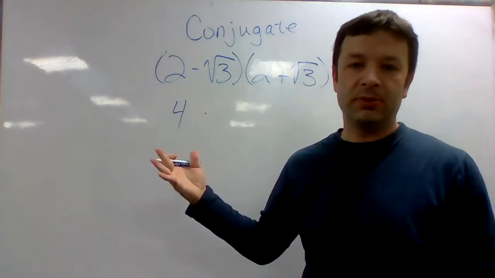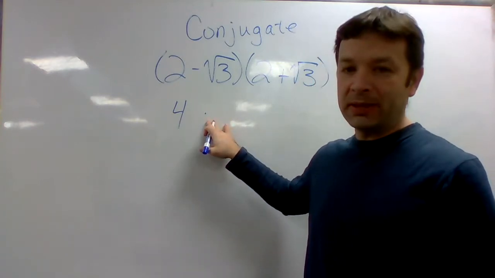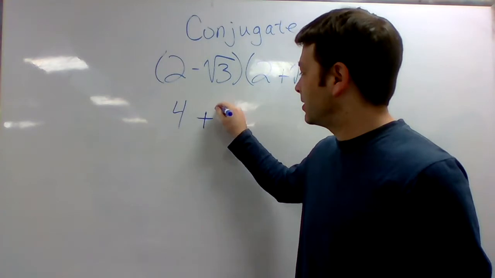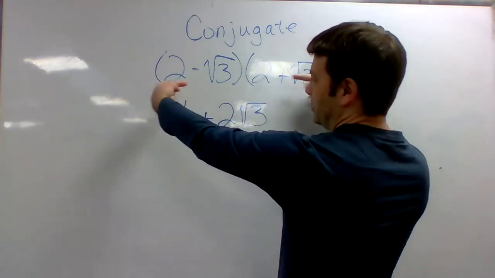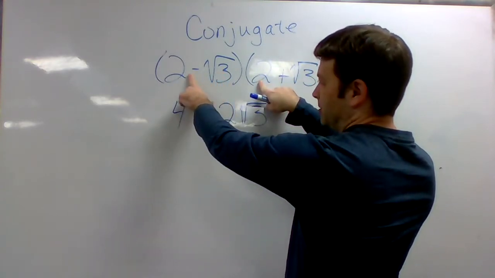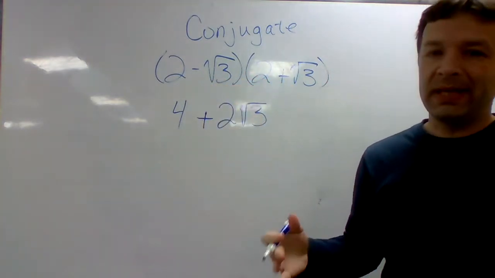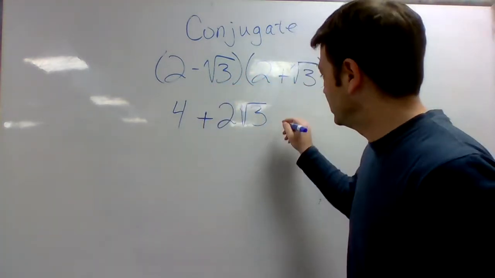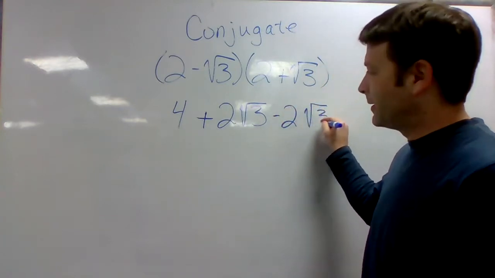It's just 2 square root of 3, which means 2 times square root of 3. Since it's positive, I'm going to put a plus right there. Inside is 2 times, I'll consider that negative square root of 3. 2 times negative square root of 3 is negative 2 square root of 3. So since it's negative, I'm going to put a minus right there.